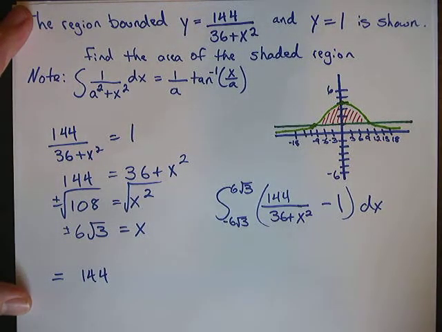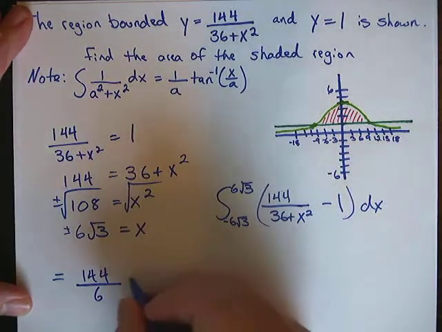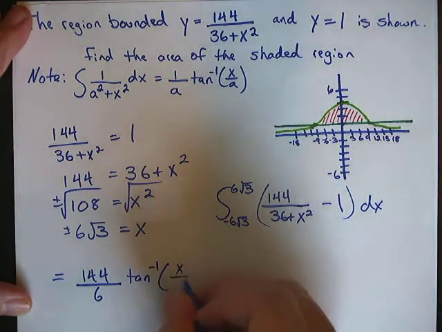And then it'll be 1 over a. Well, we've already got a 144 on top, so we'll just put over a. Our a is 6, because 6 squared is equal to 36. So over 6, and then inverse tangent of x over 6.